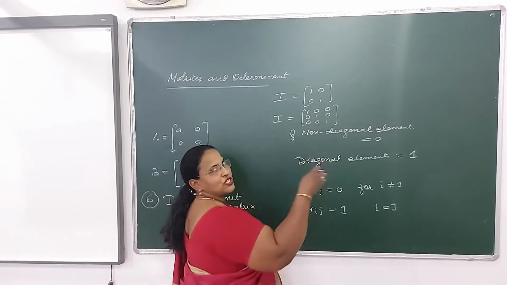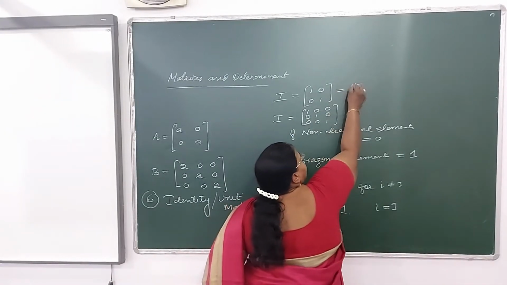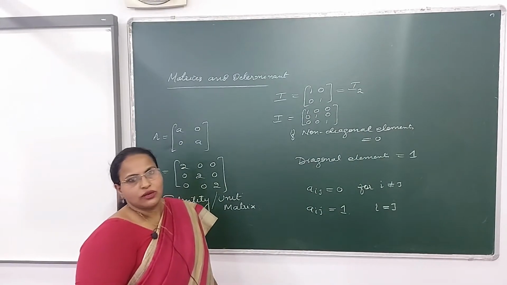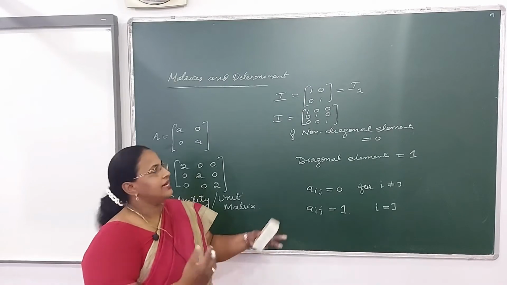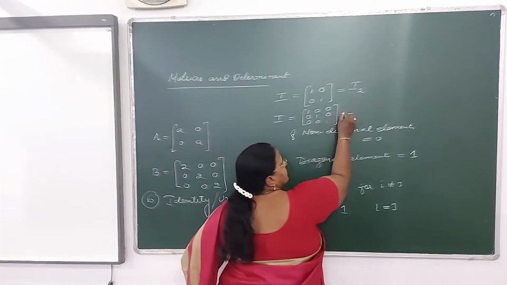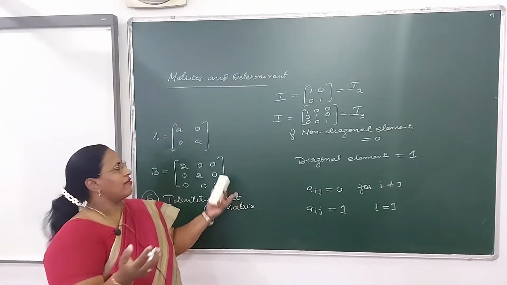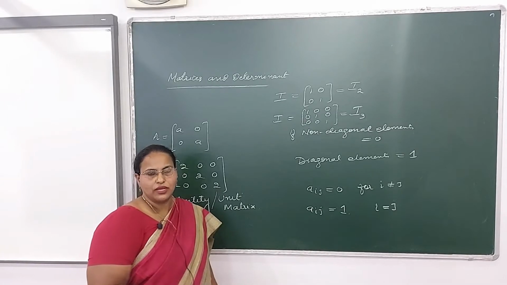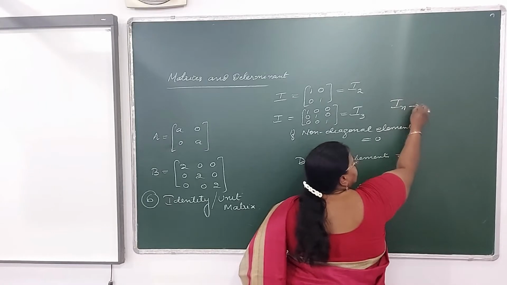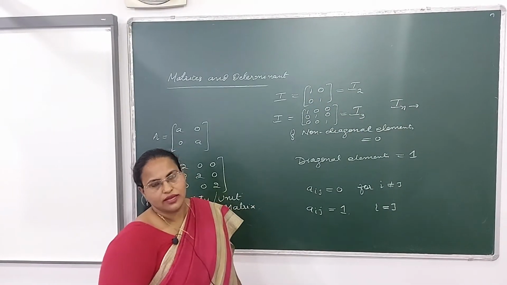Now, if you want to specify it more, instead of capital I, you can write it as I2. So what is I2? We are specifying an identity matrix of order 2. Likewise, this is an identity matrix of order 3, so if you want, you can write it as I3 also, no problem. Likewise, what is In? In means an identity matrix of order n.